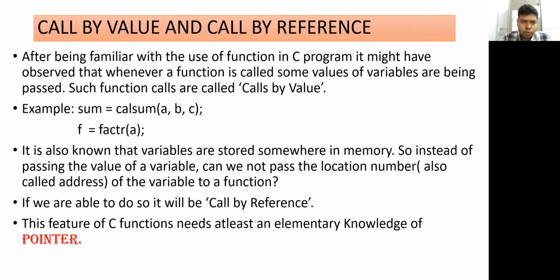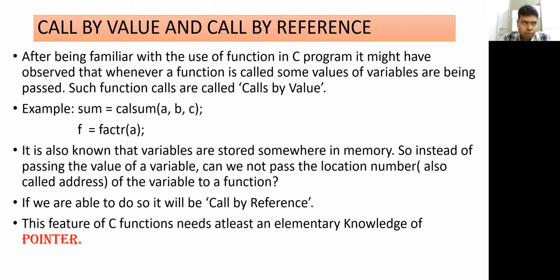Now what happens inside the function, the mathematical operations are done. Like in case of cal sum, we calculate the sum of the three numbers, and after the calculation we return the summation of the three numbers. So we normally use a return statement in the function, and in the return statement we give a variable.